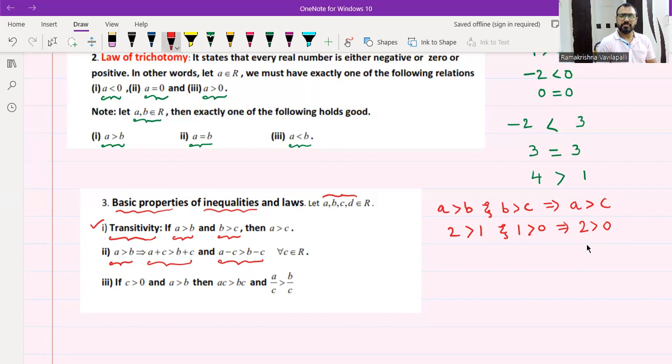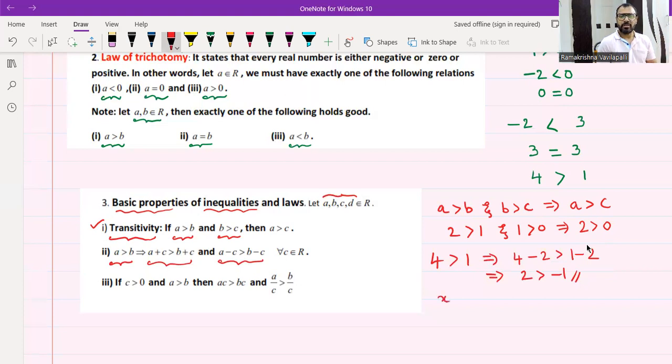For example, 4 greater than 1. You can subtract some number, 2. 4 minus 2 greater than 1 minus 2. This implies 2 greater than minus 1. You can subtract or you can add any quantity.